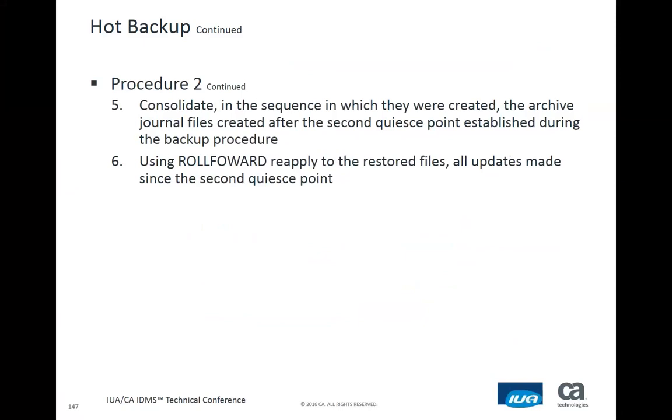That, of course, may not be the point at which the point of failure was involved. So we can consolidate, in the sequence that they were created, the archived journal files created after the second quiescence point, and I can then roll forward using those images of the database to recover, moving forward to the point of failure.